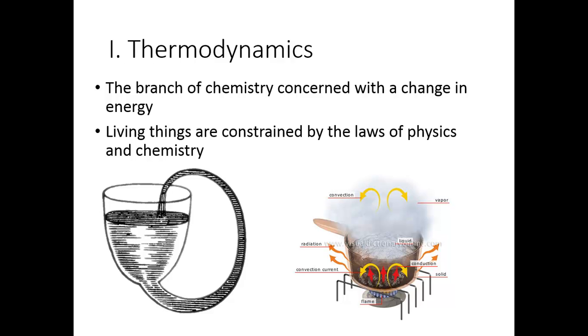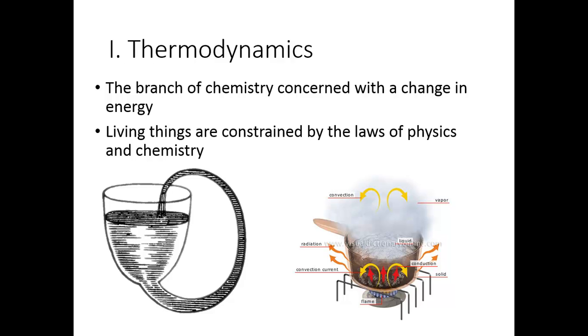And thermodynamics is a branch of chemistry that's concerned with energy. And if you think of a pot of boiling water, or any action really, it requires energy. Usually, the most common form of energy we think of is heat. So heat travels through the flame into your pot of water.